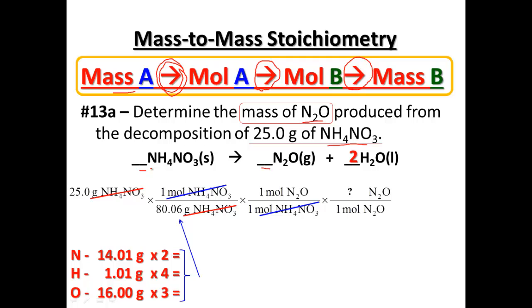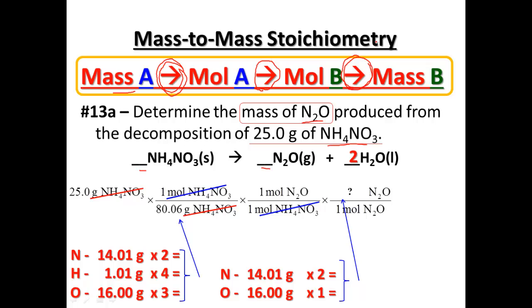And then our last step, we need to get back to mass. So we need our periodic table. 2 nitrogens to 1 oxygen gives us a mass of 44.02 grams of N2O. So moles of N2O cancel, leaving us in grams.